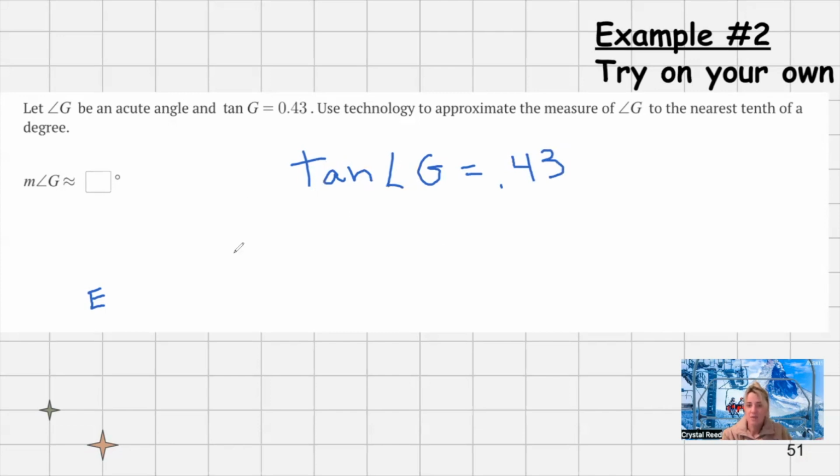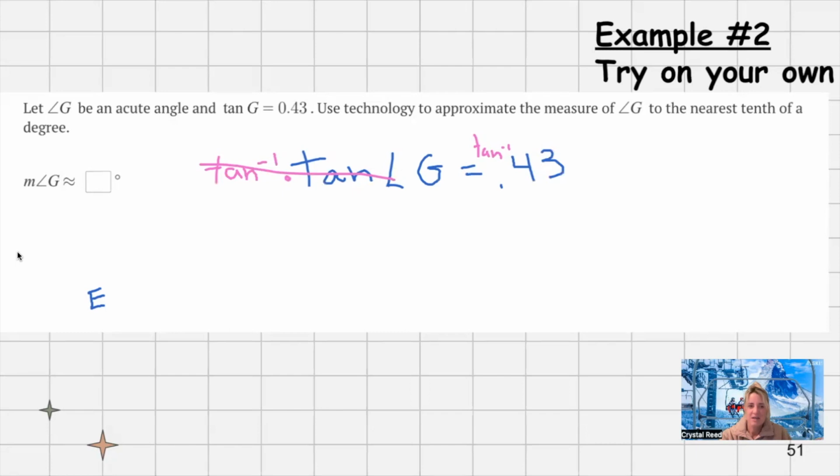To do that, we take the inverse of it. I'm going to show you the mathematical reason why this works. To get rid of that tan, we take the tan inverse. Inverse is like opposite. Those go away. But what you do to one side, you must do to the other. So we need to take the tan inverse of that 0.43 also, and we'll get angle G.